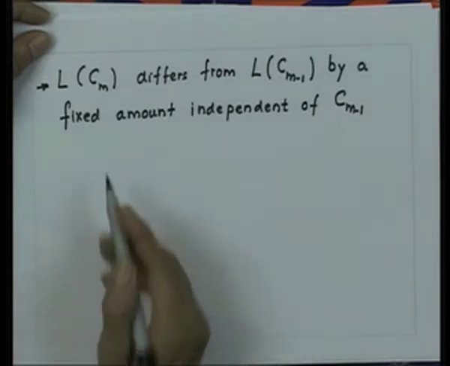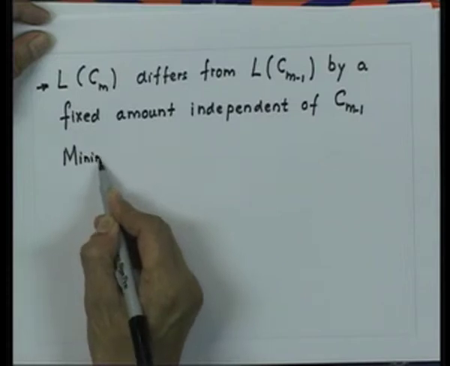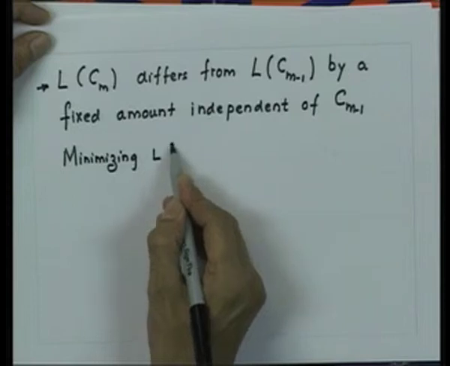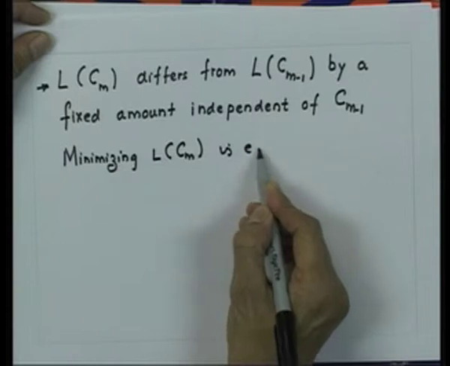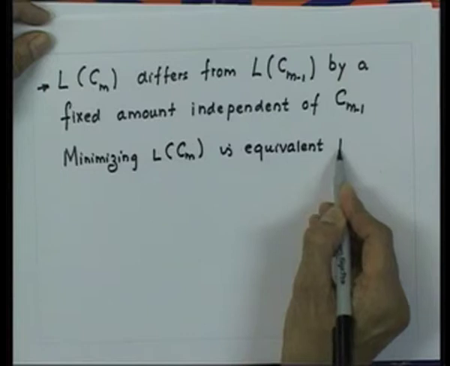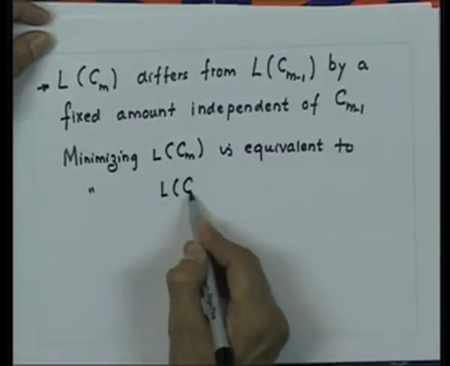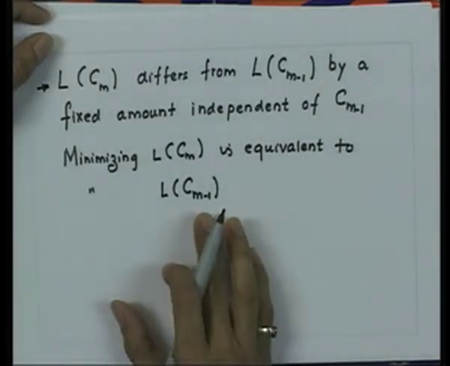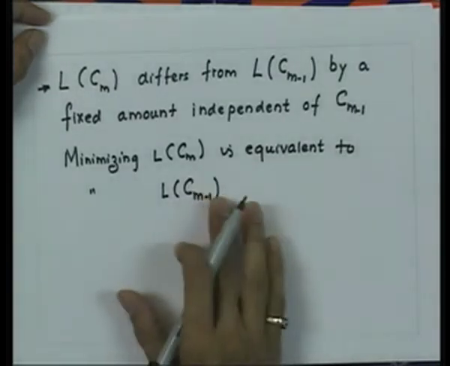So, what it means is that minimizing the average length of Cm is equivalent to minimizing the average length of C of m minus 1. So, now we have reduced the problem to one with m minus 1 symbols.